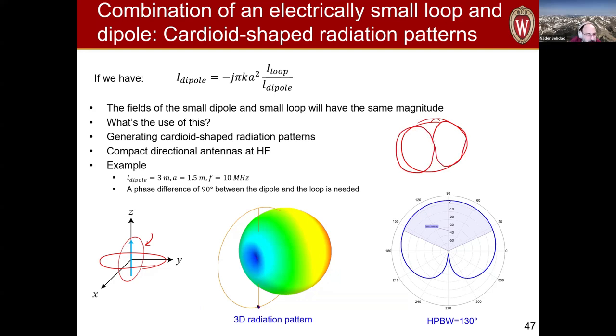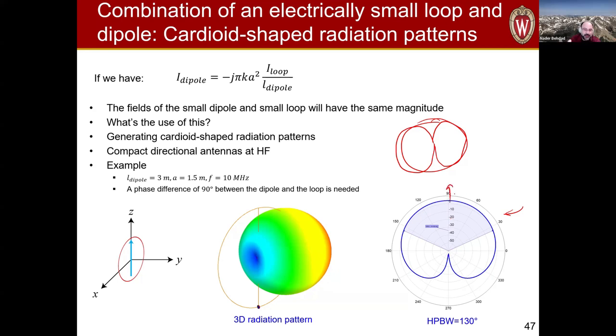If I go ahead and combine these with appropriate excitation coefficients and with appropriate weights, I can get a directional radiation pattern. I can get a cardioid shape radiation pattern that looks like this, in the azimuth plane. So I can do this with an electrically small antenna, which is, in this simulation, for example, an antenna that has a maximum linear dimension of 3 meters, and you can get a pretty good front to back ratio.